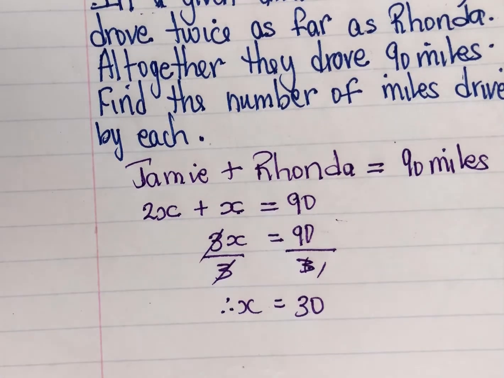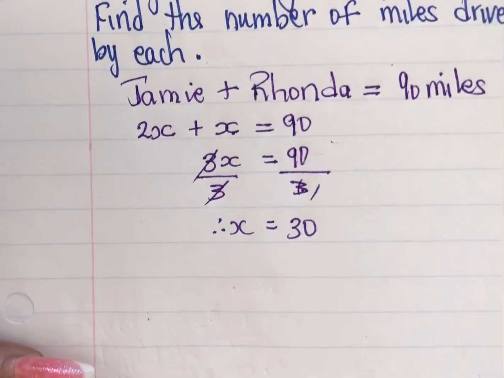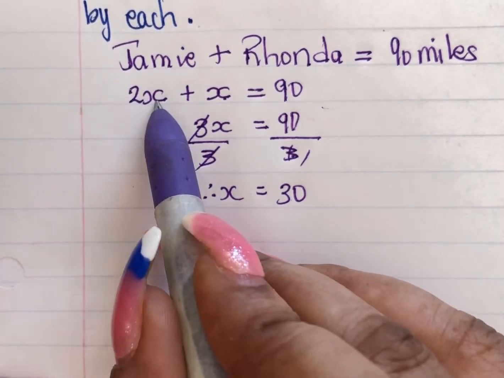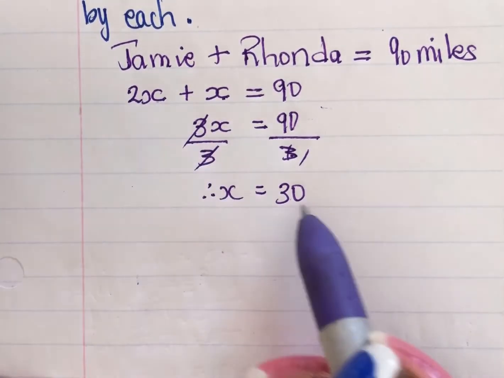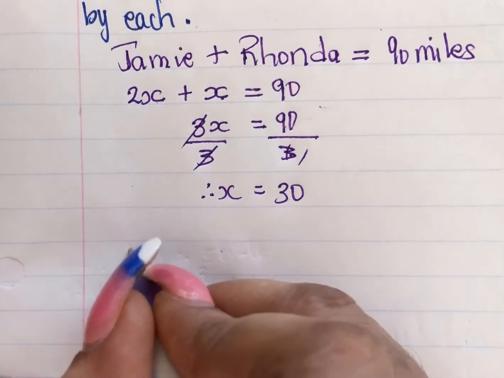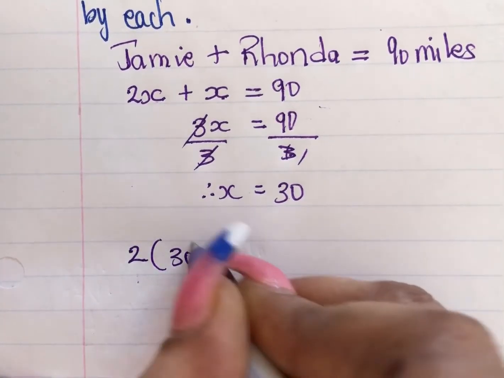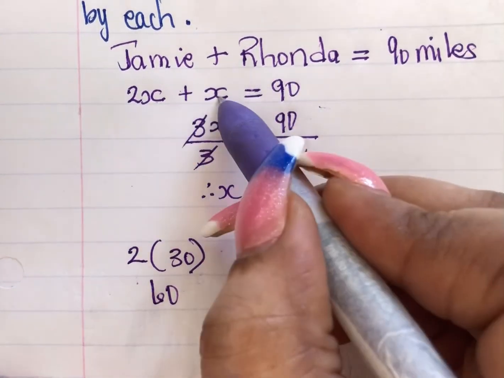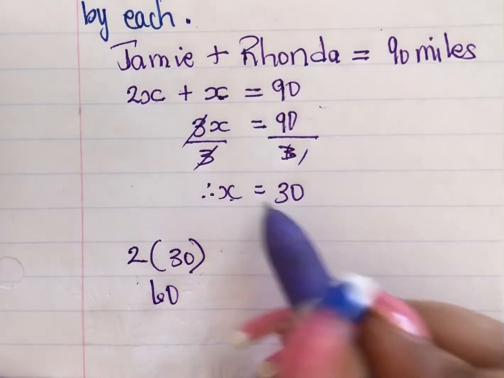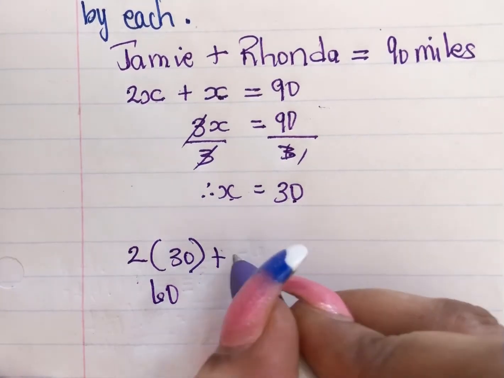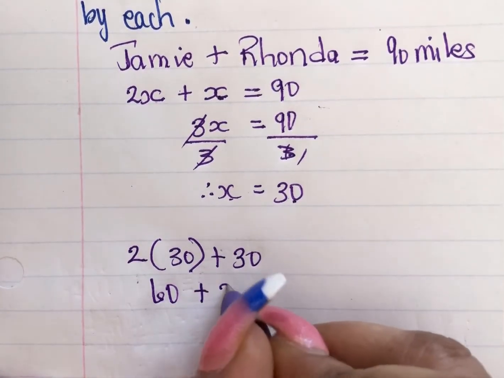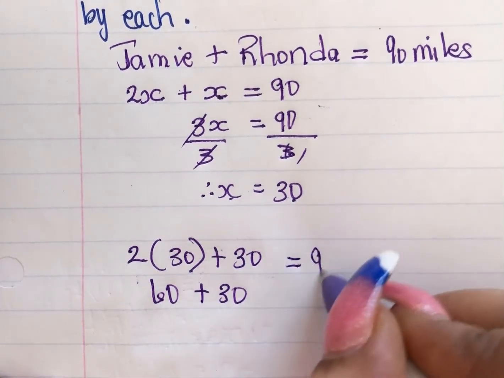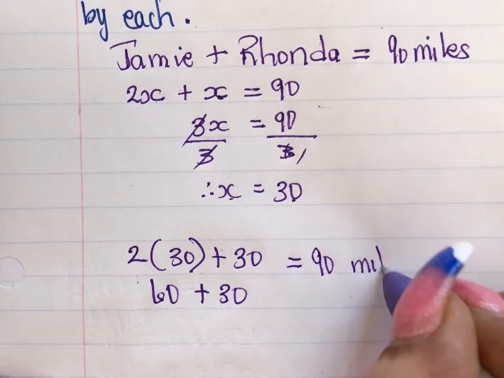All right, so let us reason now. Jamie is 2 times x. So 2 times 30 is 60. Rhonda, she's just x. What is x? X is 30. And when I put Jamie and Rhonda together, I must get exactly 90.